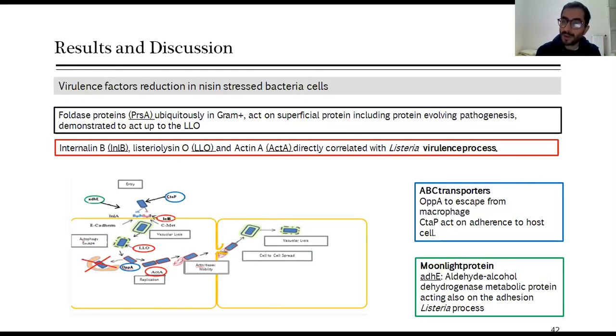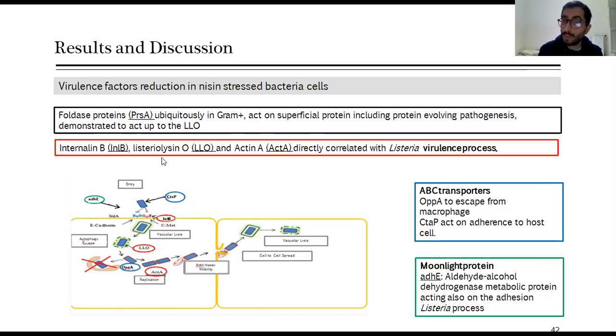Another important process that was detected was that it was possible to observe proteins directly involved in the virulence process downregulated, such as internalin B, listeriolysin, or ActA, that work in the process that permitted the invasion of the host cells.